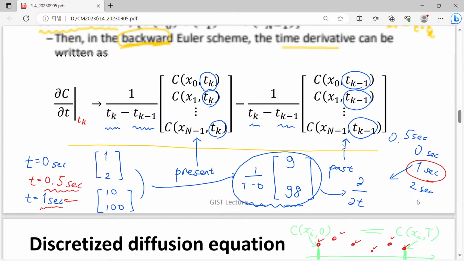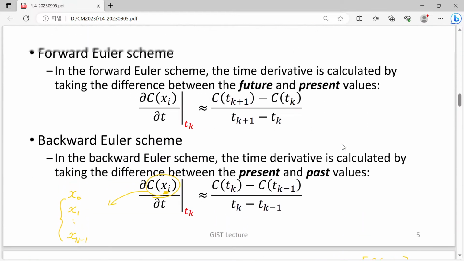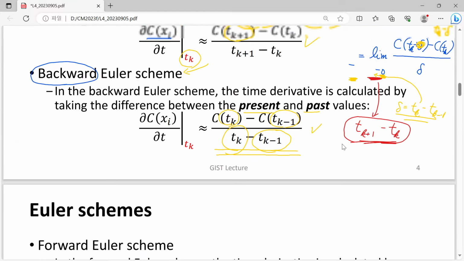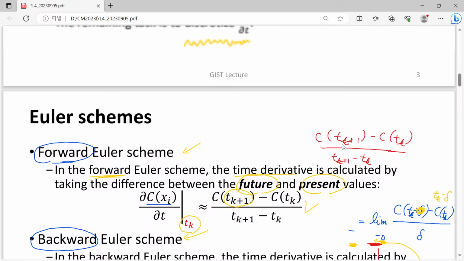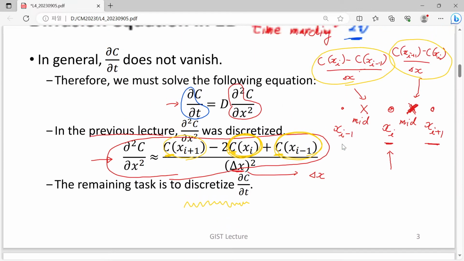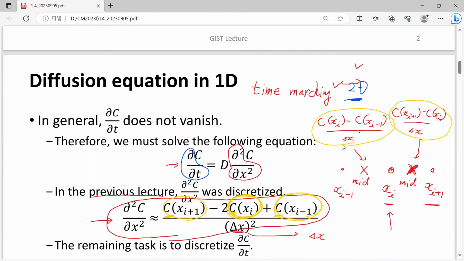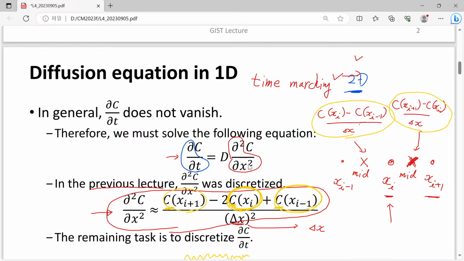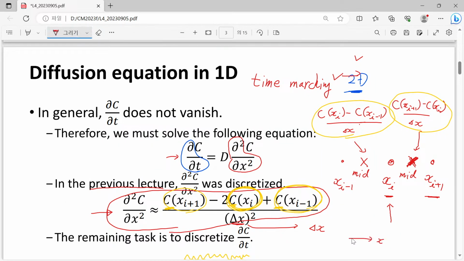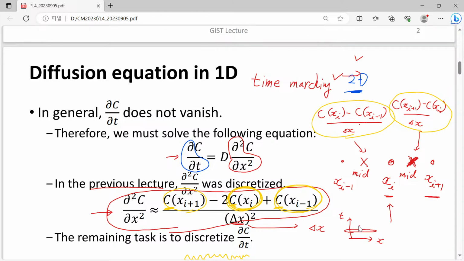So let me go back to my previous slide. Maybe you remember that I wrote many things here. We have x and t, and time marching means that we calculate time quantities one after another.